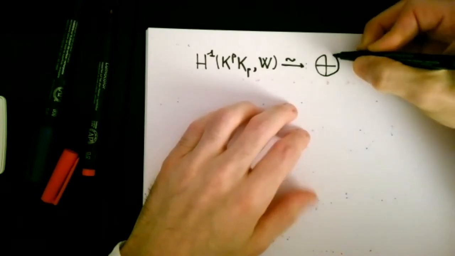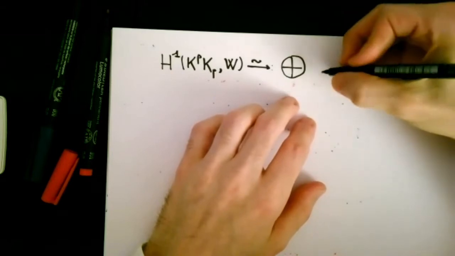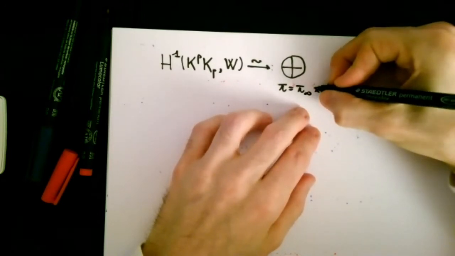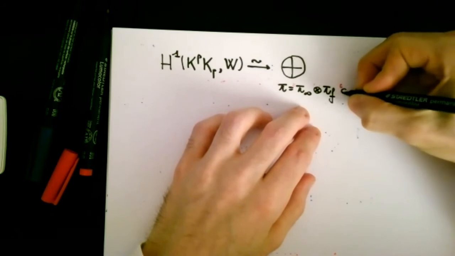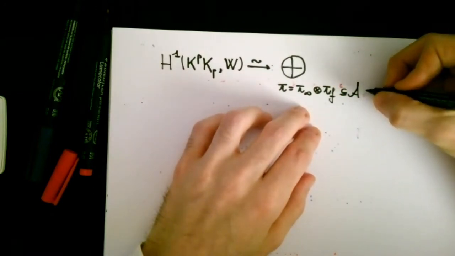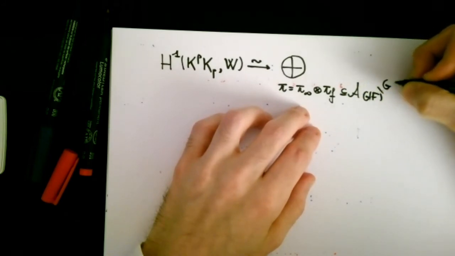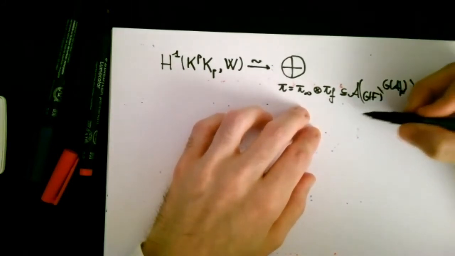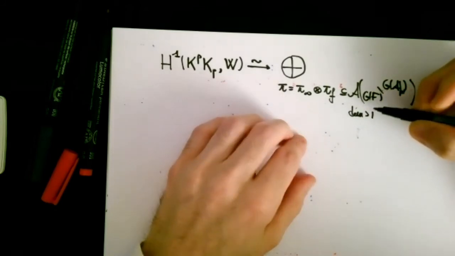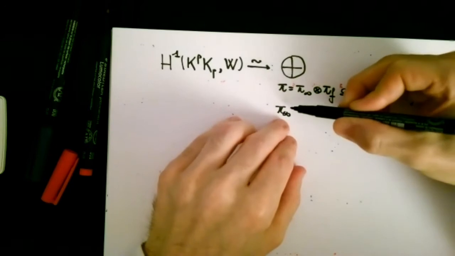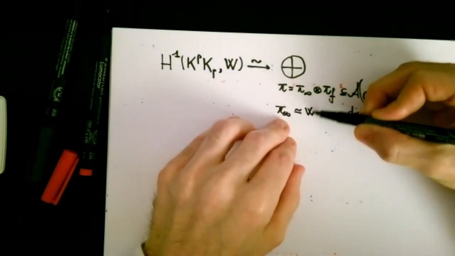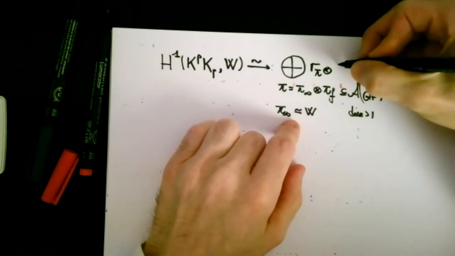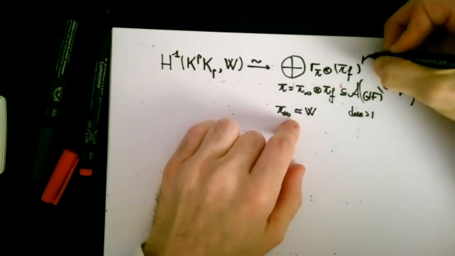This is the local-global compatibility. It is a direct sum over automorphic representations of GL2 which are not one-dimensional, of dimension strictly bigger than one, with the condition that at infinity this is isomorphic to the complexification of W. And here we have rho pi times pi finite, and here I take K upper P, K lower P.